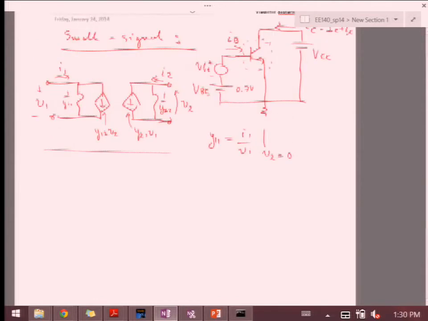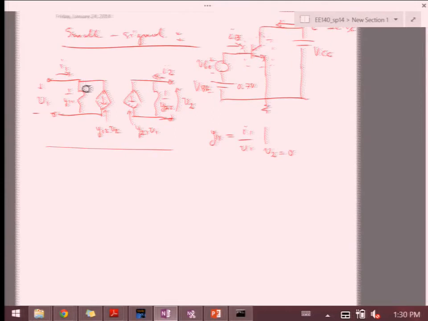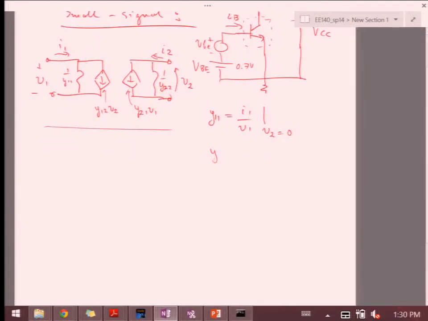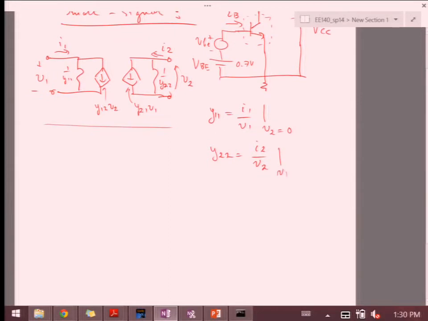So then the test current that I push through, which is I1, develops V1 on this resistor, and then I know what that value is. So similarly, for Y22, I'll have I2 over V2, but this current source has to be disabled, so V1 has to be equal to 0.